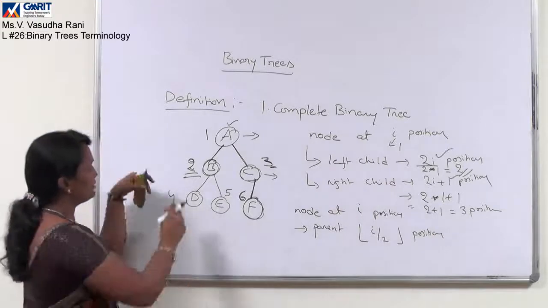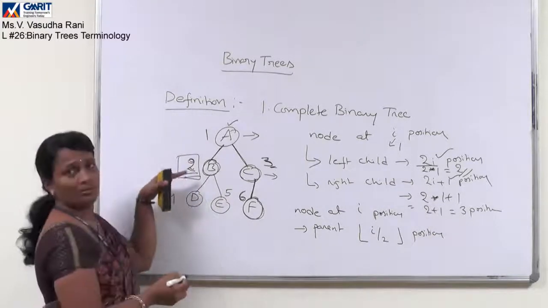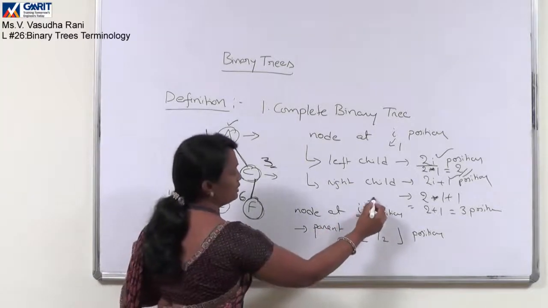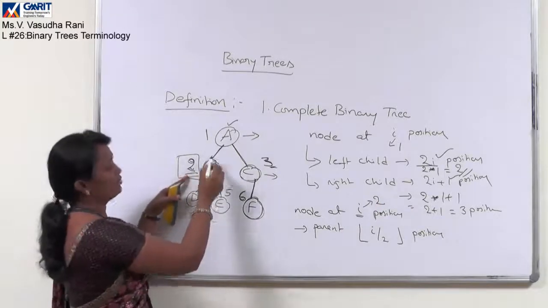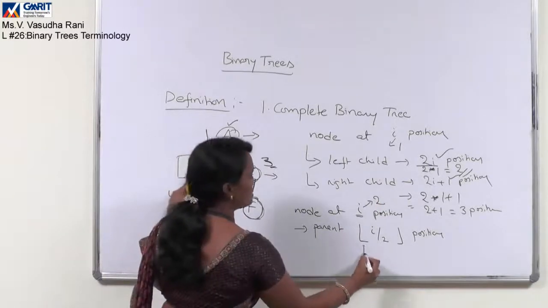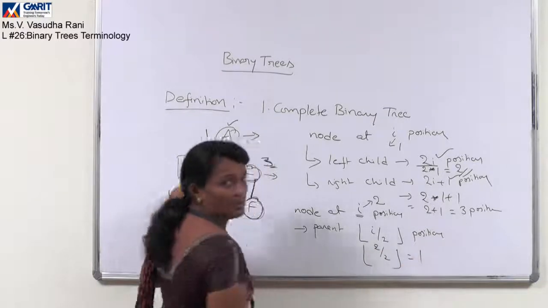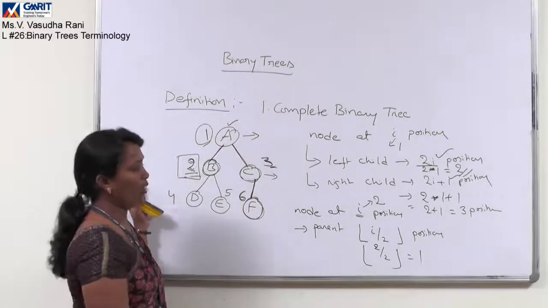So if you consider this particular node, B is at position 2. If B is at position 2, where should its parent be? It is i by 2, which is 2 by 2, giving us 1. So its parent is at position 1.